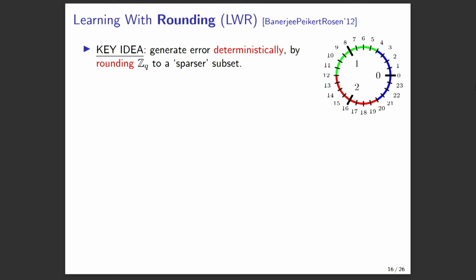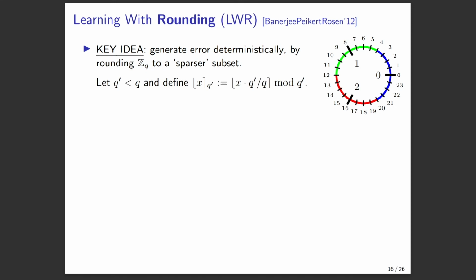So the idea is if you think of the little ticks here as Z_q, right? So Z_q is 24, q is 24 here. Then each of these regions has a rounding region, and anything close to 0 gets rounded off to 0. Anything close to 8 gets rounded off to 1. Anything close to 16 gets rounded off to 2.